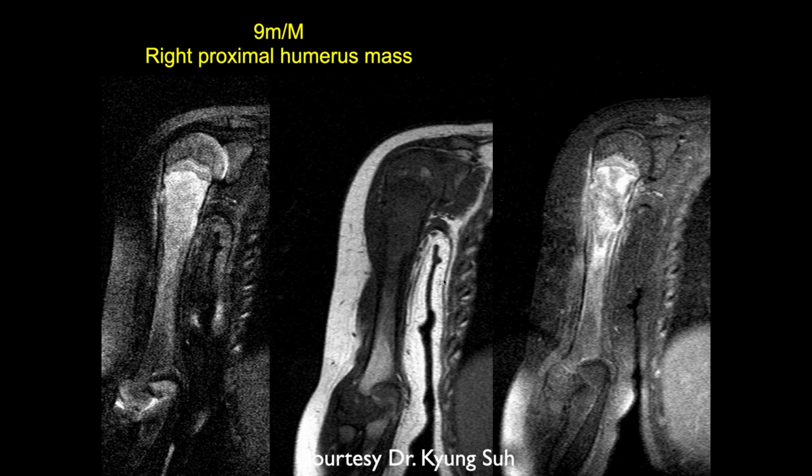Ashley, what do you think of this case? This is a 9-month-old male with a right proximal humeral mass. It's pretty aggressive. It looks pretty heterogeneous on T2. I think there are some cortical breaks. It looks like it crosses the growth plate.